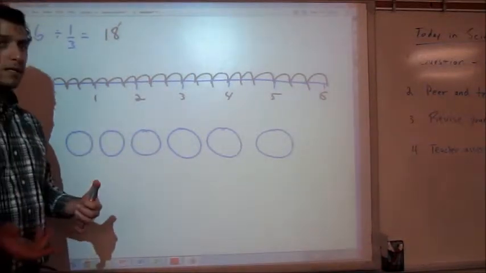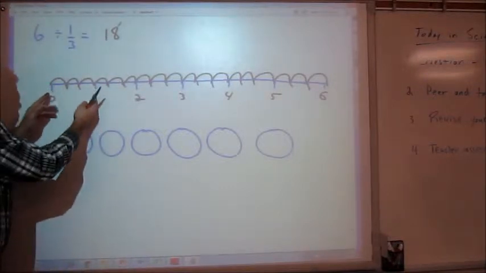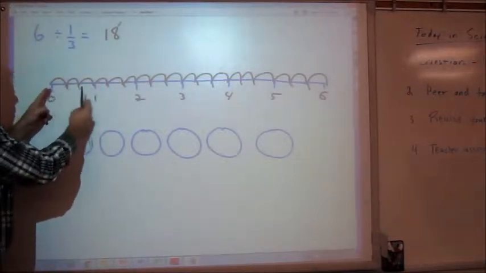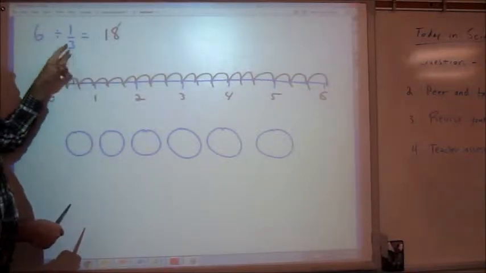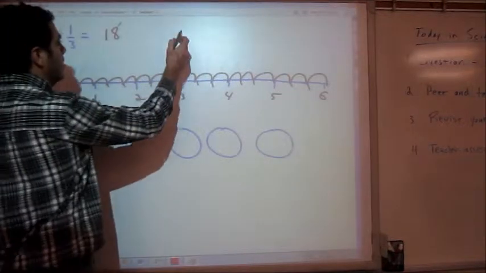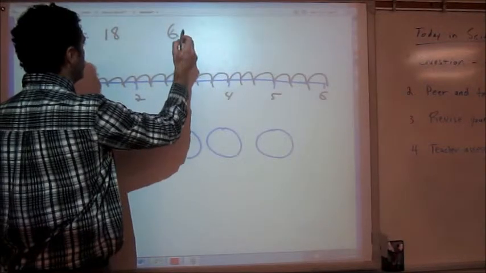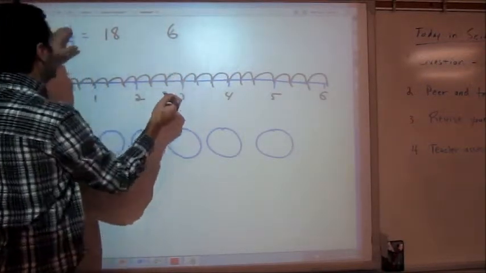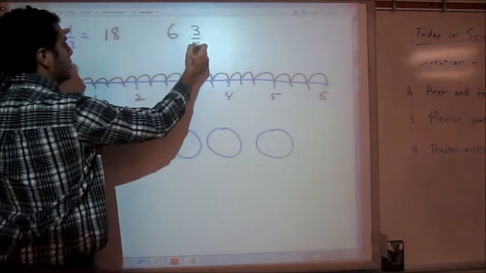Now, you might have discovered a shortcut while I was going over that. If you know that there are 3 thirds in every one whole, then you can simply take the number 6 and multiply it by 3. That method is one where you use what is called the reciprocal of 1/3, which is its complete opposite.